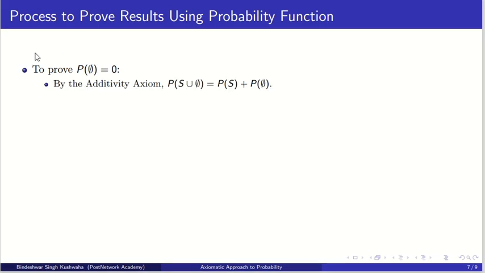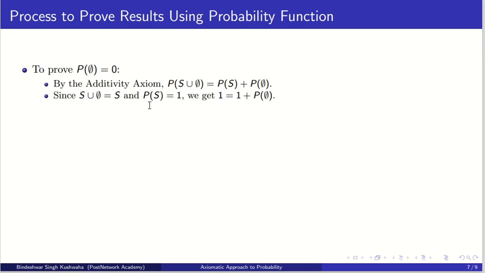By the additivity axiom, P(S union phi) is equal to P(S) plus P(phi).